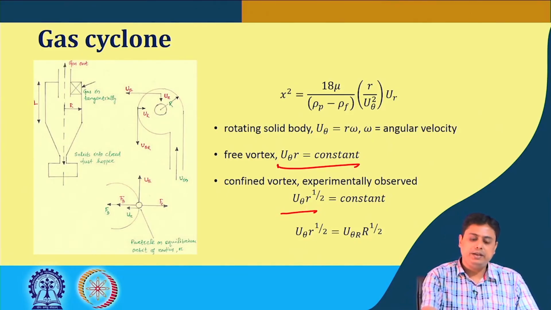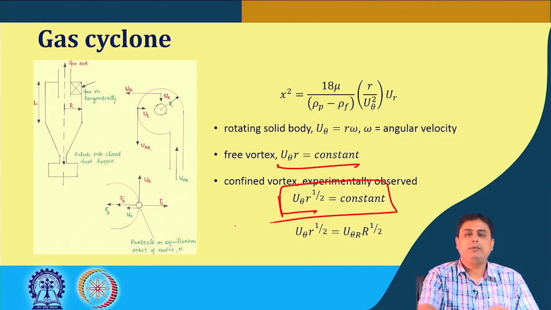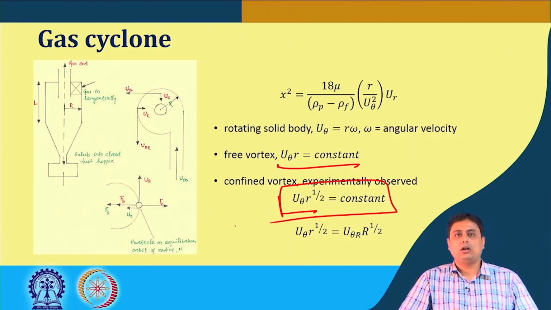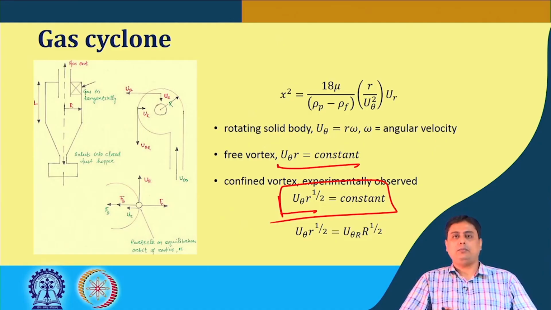This is experimentally observed for a confined vortex, that the tangential velocity and the radius of orbit to the power half, this is constant.